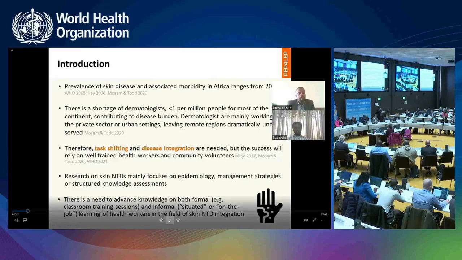Research conducted on the prevalence of skin disease and associated morbidity in African countries indicates that there is high prevalence of skin disease, which ranges from 20 to 80%, which is higher than the overall prevalence of skin disease worldwide. In addition to this, there is a shortage of dermatologists, by ratio less than one dermatologist per 1 million population for most of the continent.